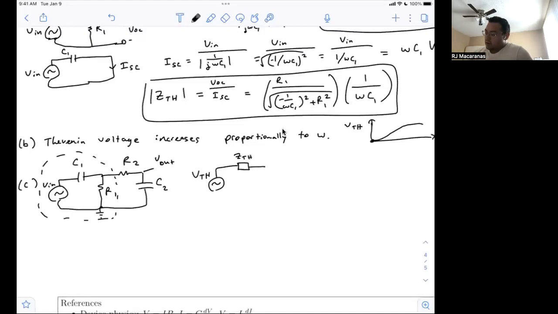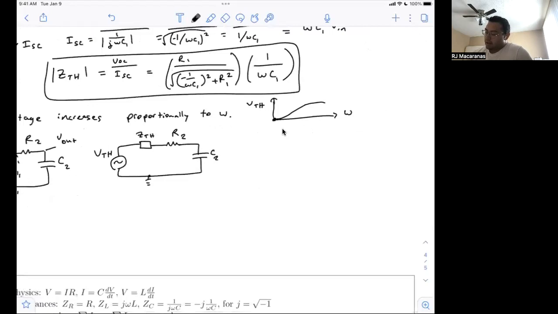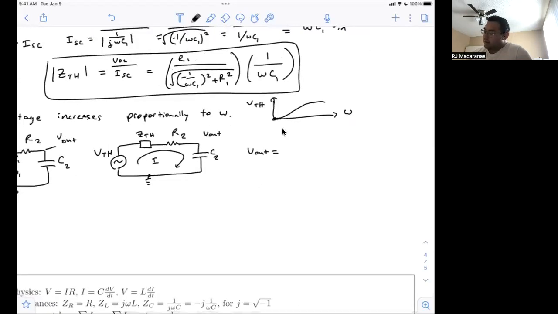And this is now R2 and C2 in parallel with this equivalent circuit that we just found. So we've got R2, C2, and V out is now whatever this current is. Now I'll do this current thing instead of using the voltage divider principle, but you could also use the voltage divider principle. So V out is I times C2. So what is I?